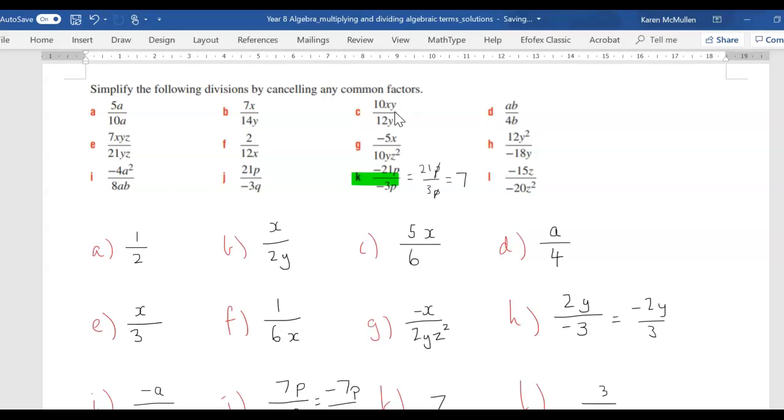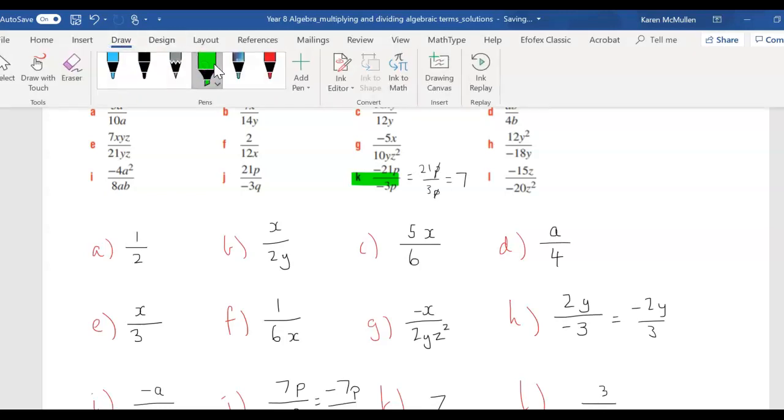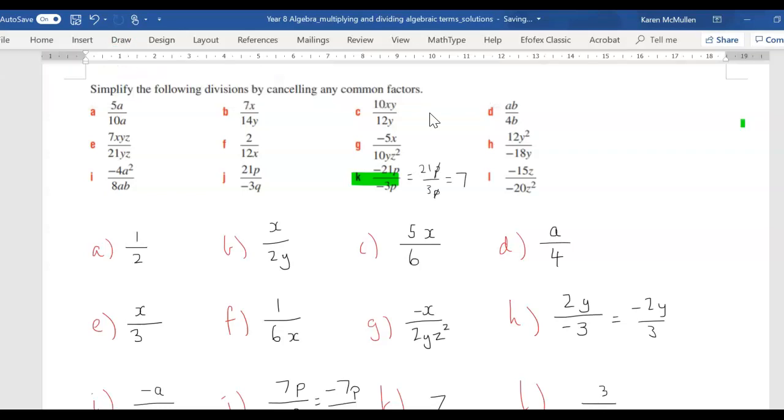Probably one that seemed a little bit trickier, but when you look at it, you're like, oh, okay, yeah, I see. With h and j, notice how the negative is in the denominator. So we've got negative 18y and negative 3q.